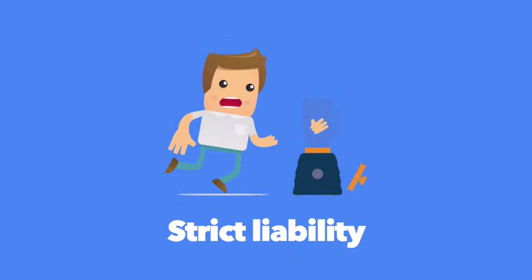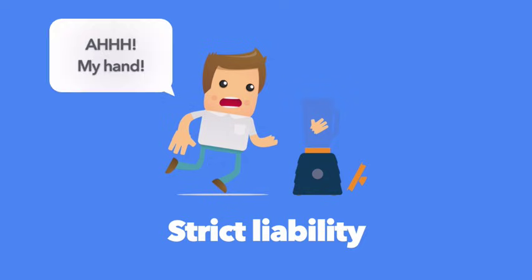It's made up of a few exceptional situations where the law assigns liability to the defendant even where the harm was caused by accident, unlike intentional torts, and even where the defendant was careful, unlike negligence. For example, the defendant, a store owner, sells a defectively manufactured blender, which malfunctions, injuring the plaintiff.